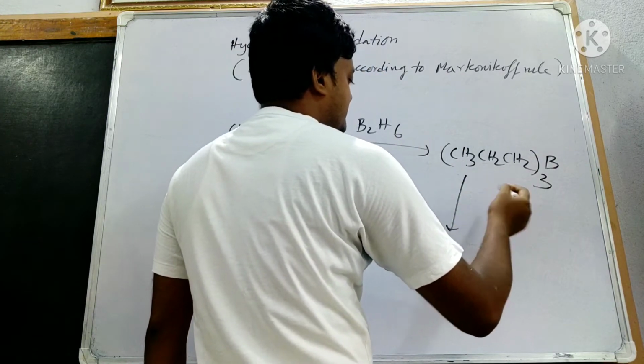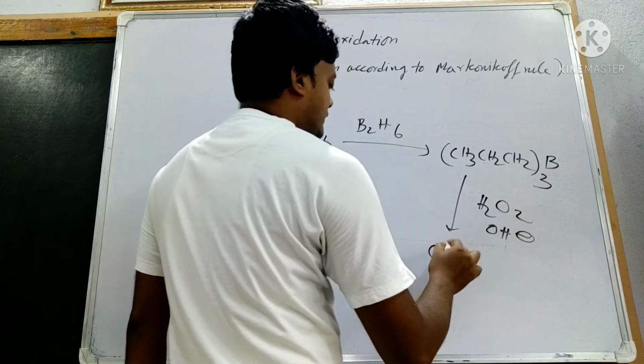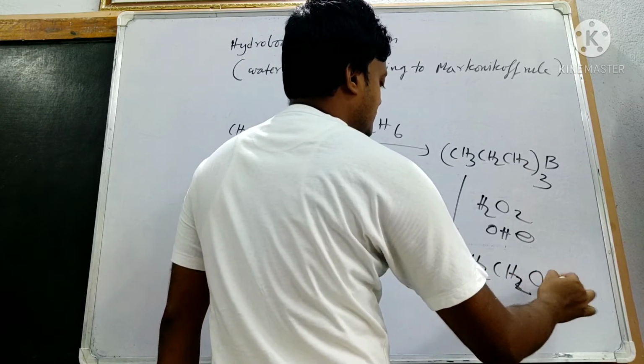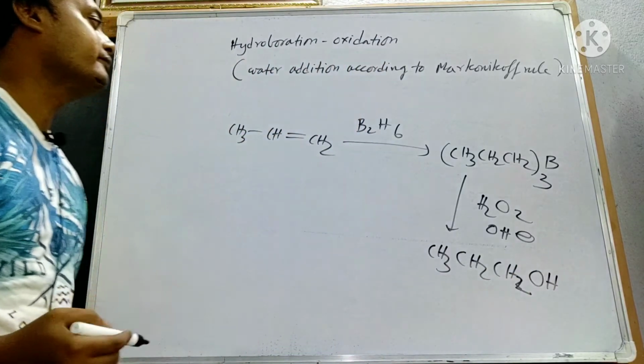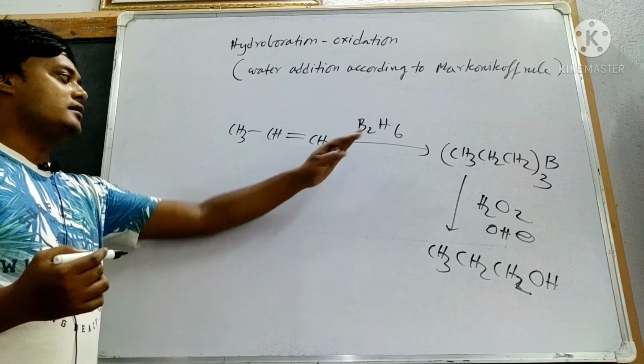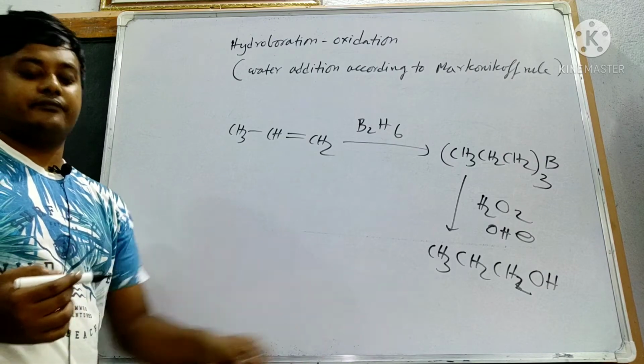And next step, oxidation, H2O2 with OH minus alkali, and you will get the ultimate product, propanol. First step hydroboration, second step oxidation.